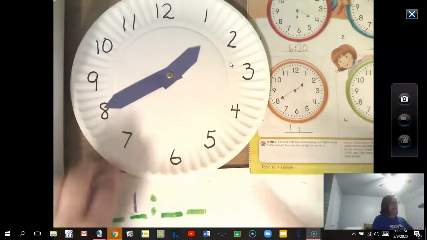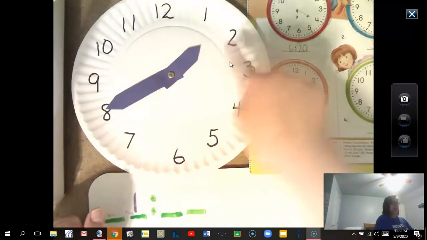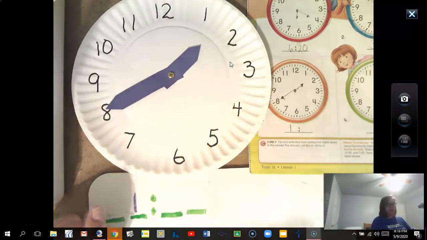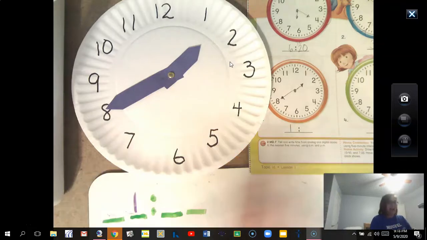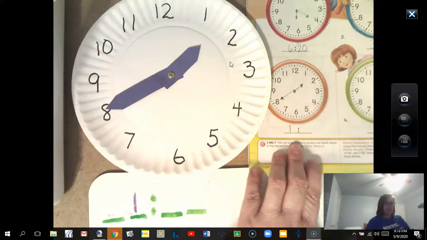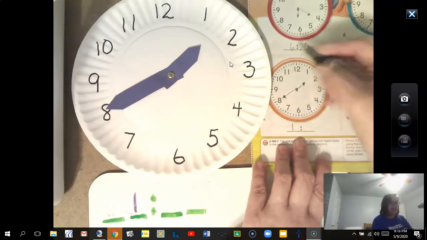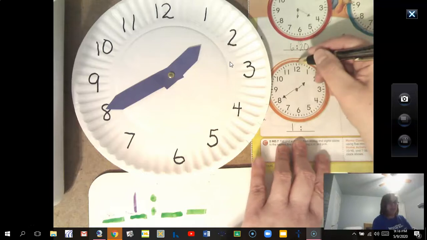All right, now let's count the minutes. Now I could start up here at the 12 at the o'clock and count 5s all the way around. I can do that. Or I can start where? At the 6, because we know it's halfway around, it's 30. So you can start at 30. I'm going to start up here for those of you that still need a little more time.